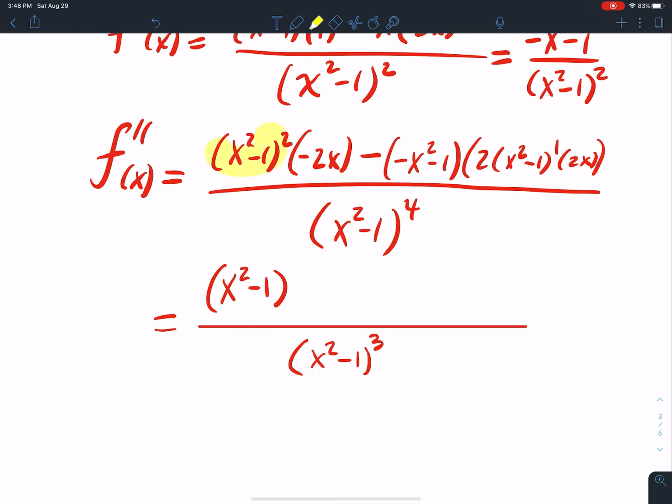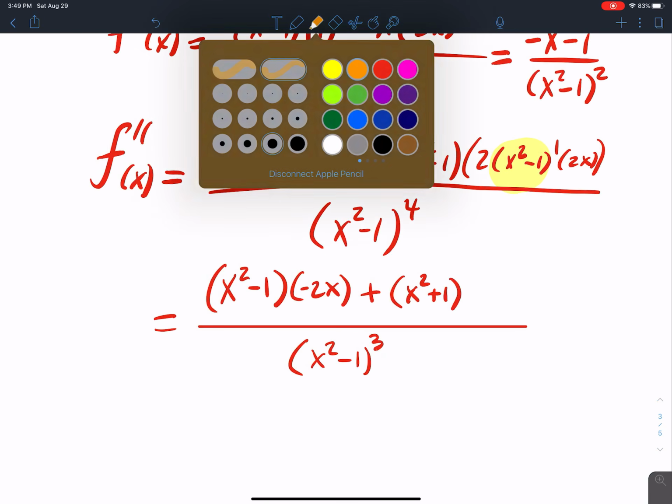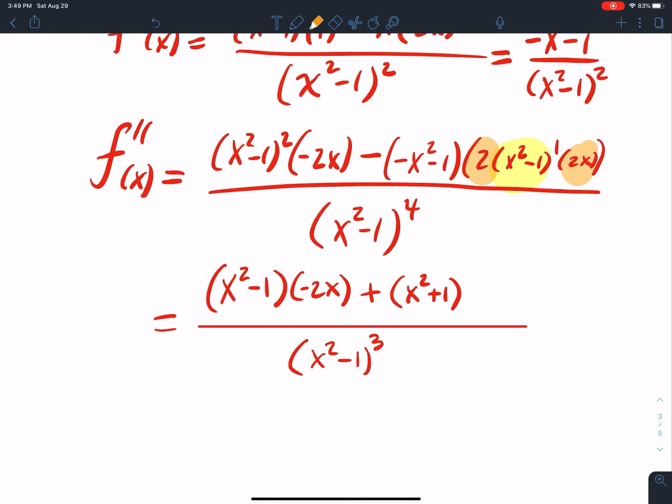That leaves me with only one of the x squared minus 1 factors. And then I also still have this negative 2x. Negative, negative, negative, those all cancel to make a positive x squared plus 1. And like I said, I'm going to cancel that out, so that just leaves me with the 2 and the 2x, which gets me the 4x here.